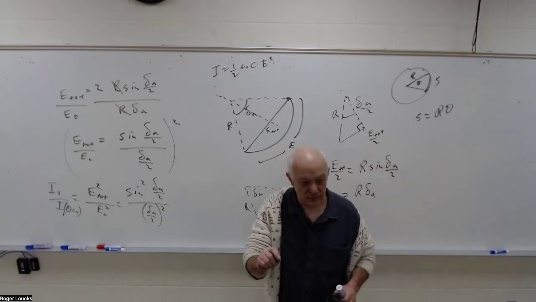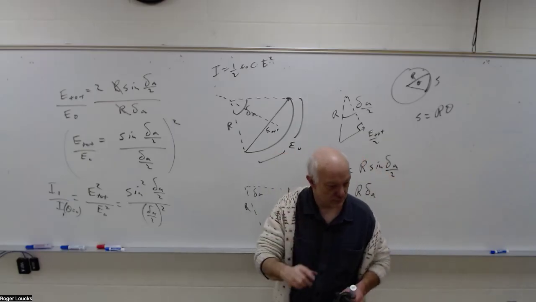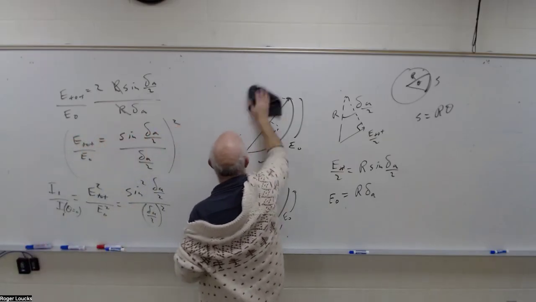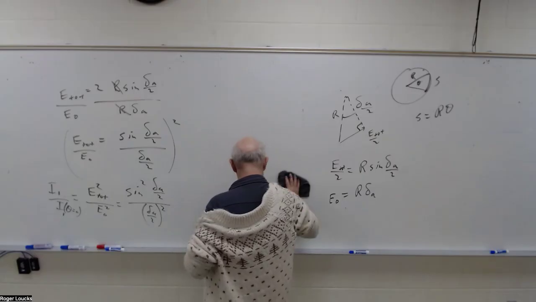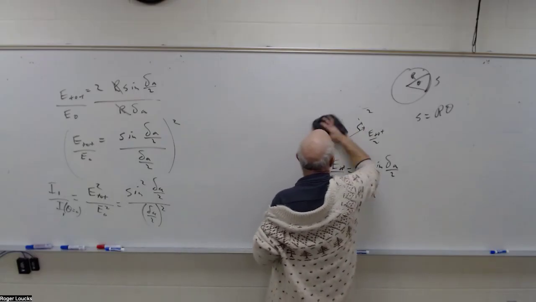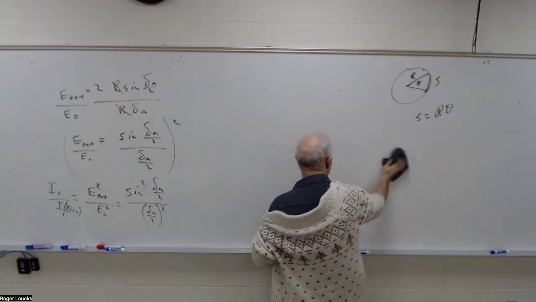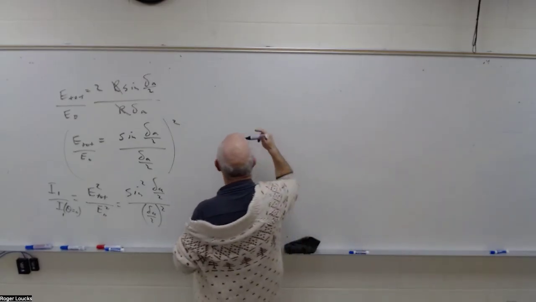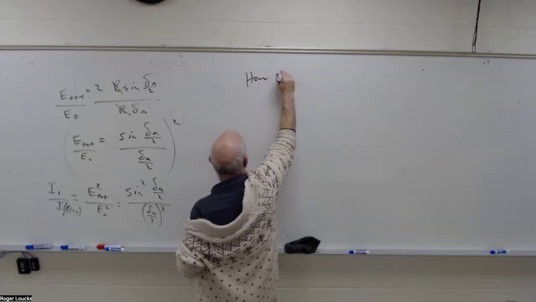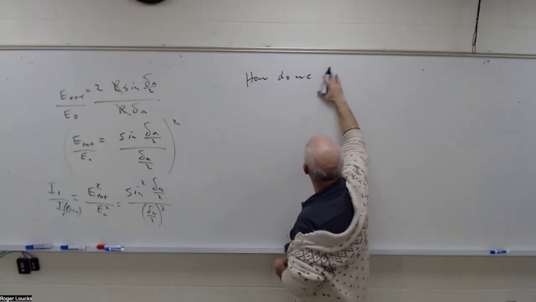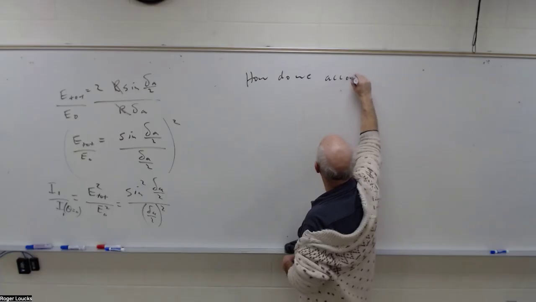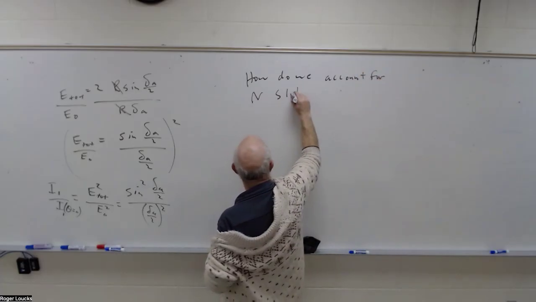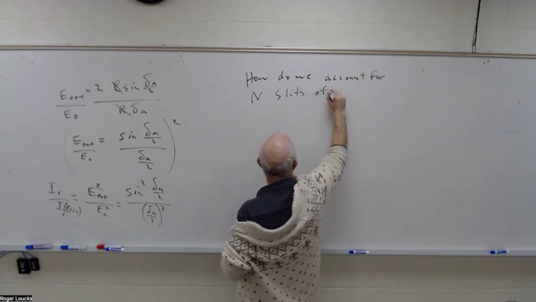Now, let's do n slits with width. Well, how do we account for n slits with width?